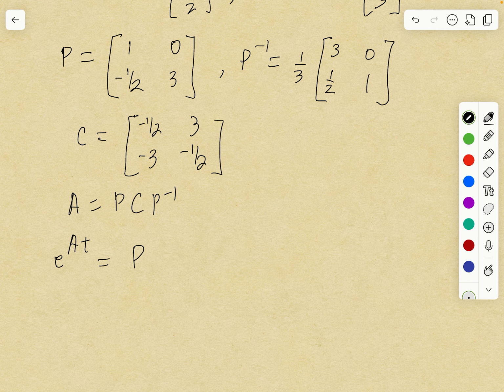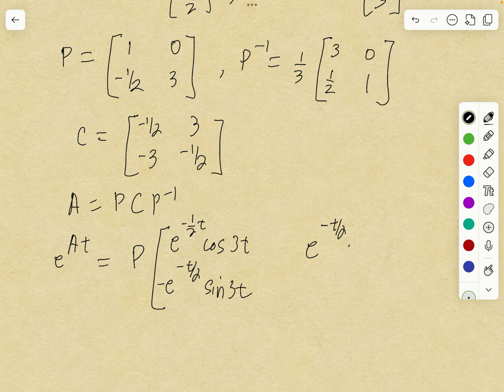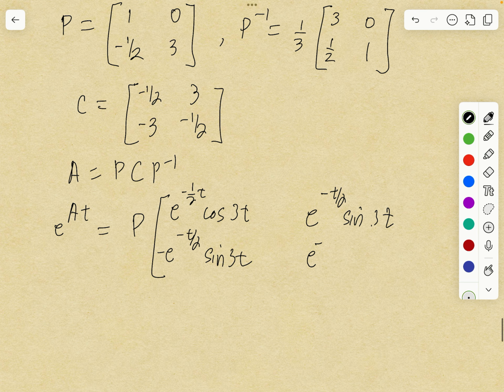So that's e to the negative 1/2 t cosine 3t, negative e to the negative t over 2 sine 3t, e to the negative t over 2 sine 3t, and then e to the negative t over 2 cosine 3t. So that times P inverse.